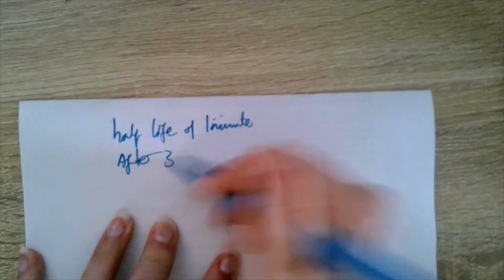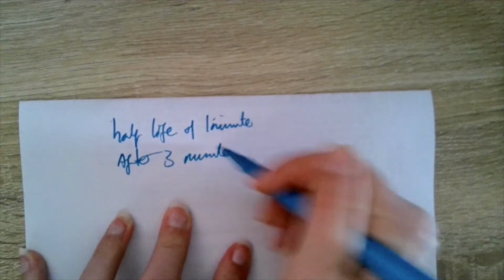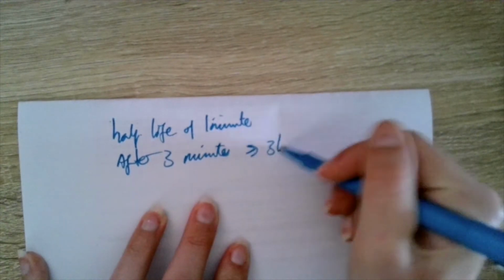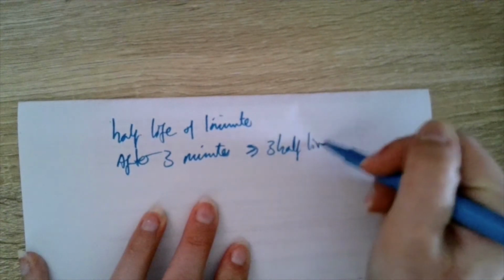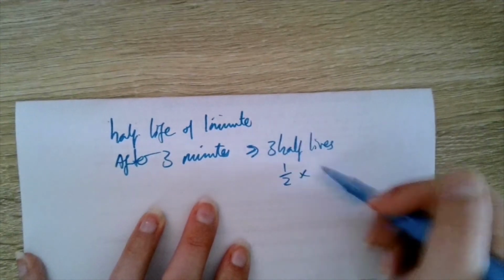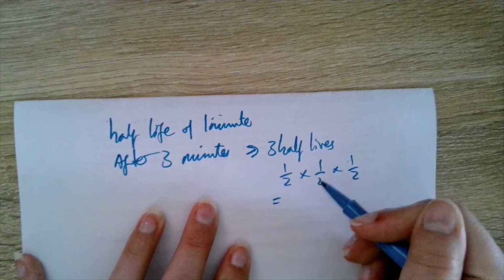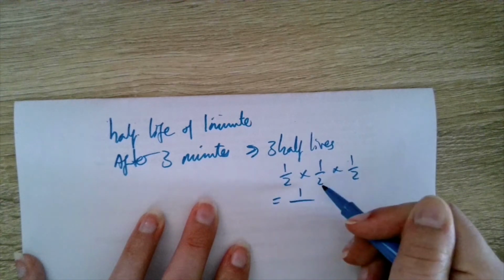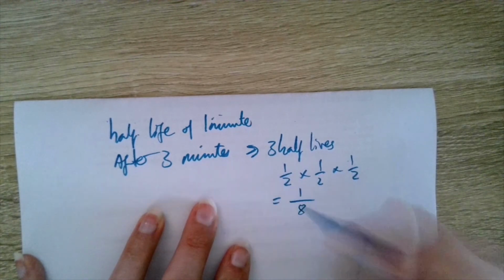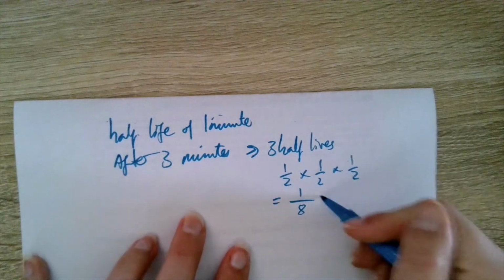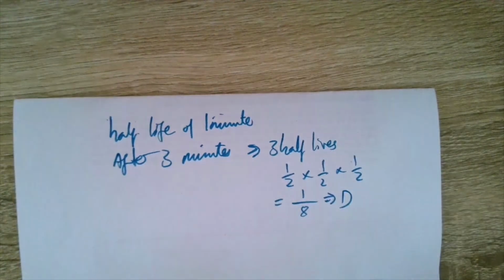After 3 minutes, 3 half-lives have passed. So a half times a half times a half, which is 1/2 times 2 is 4, times 2 again is 8. So our answer is D.